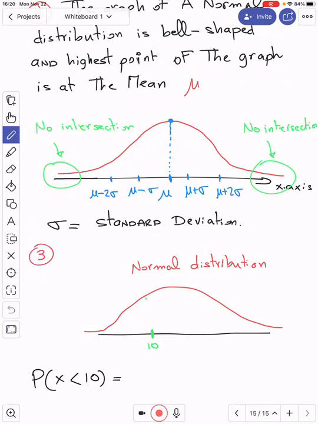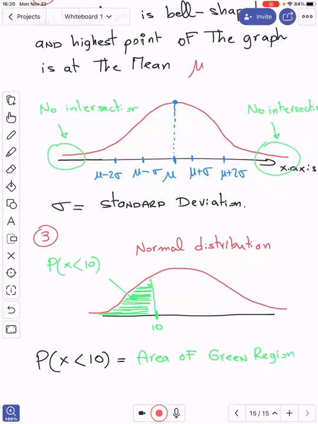You see this area on the left of 10, this green region. The area of this region will be the probability that X is less than 10. So that's the area of the green region.